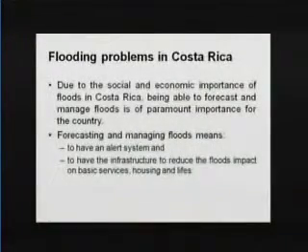The annual average value of the damages caused by these hydrometeorological events for Costa Rica alone represented 1.15% of its internal gross product.